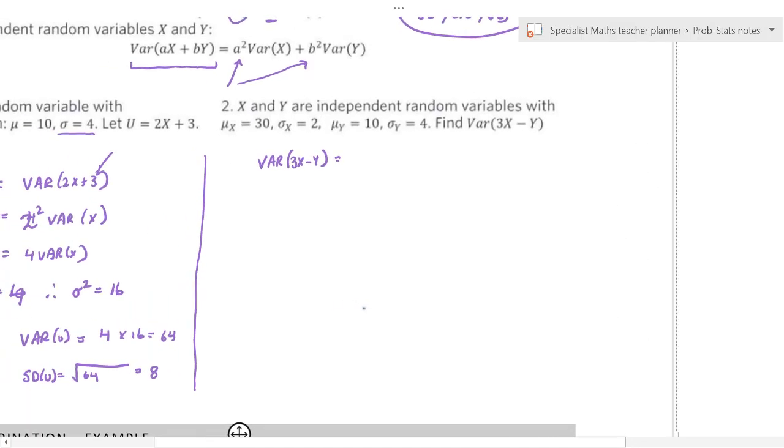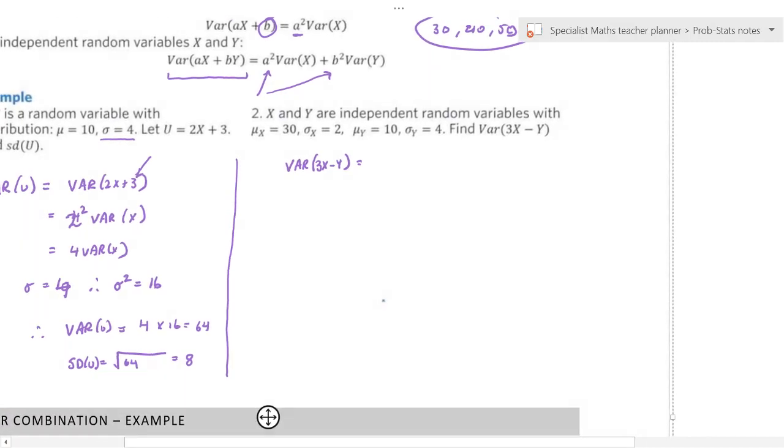Now we want to find the variance of that. That's going to equal 3 squared, which is 9, times the variance of X, and technically it's plus the variance of Y, because it's -1 squared.